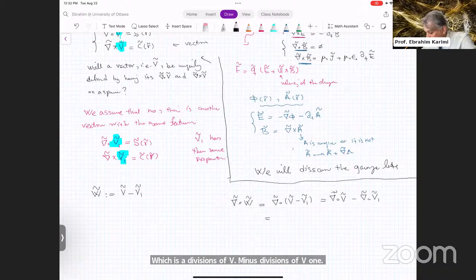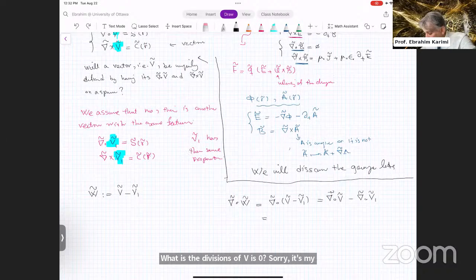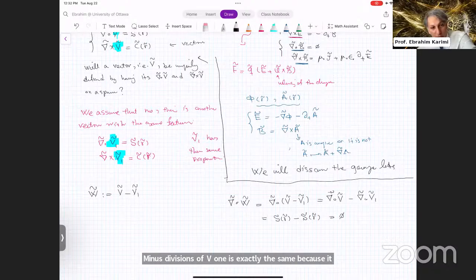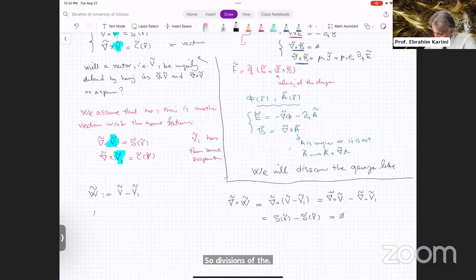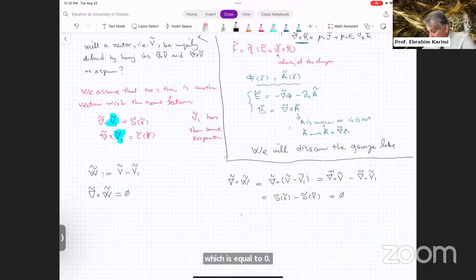Sorry, my apologies, it is rho over epsilon naught, minus the divergence of V1, which is exactly the same because it has the same property, so it is equal to 0. So the divergence of W is 0. This new vector W has a divergence equal to 0. What is happening with the curl of W?